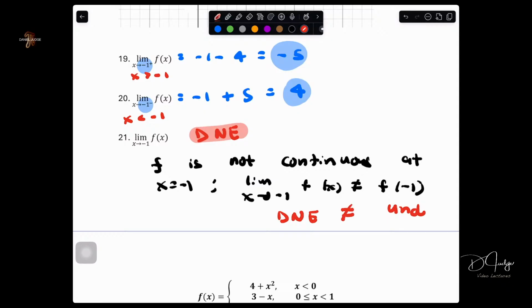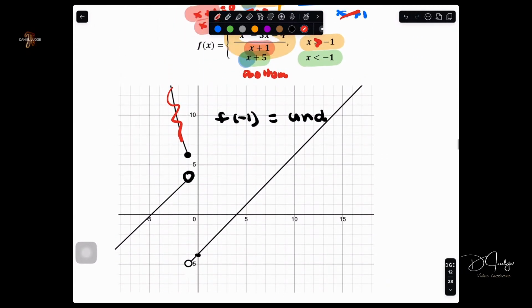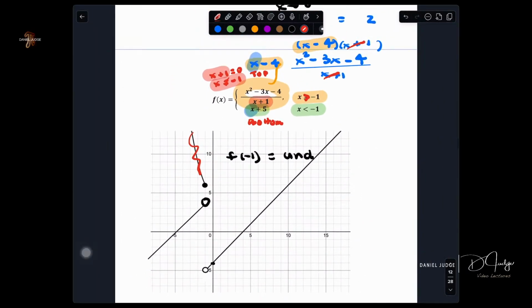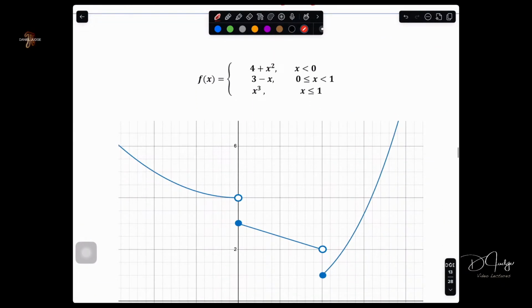Okay? Just to look at that picture in the correct graph here. This is interesting because now we have 3 pieces.